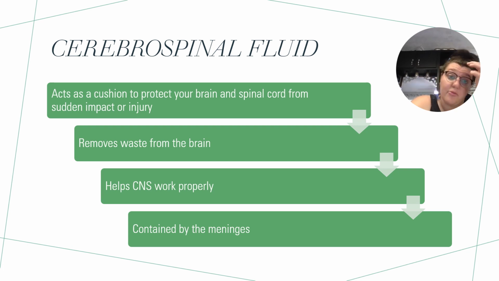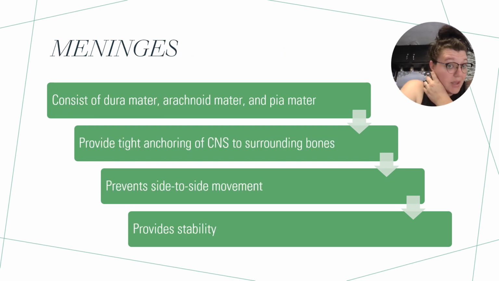That cerebrospinal fluid is there to protect your brain from beating off your skull. It also removes waste from your brain, and it helps that central nervous system work properly. And the cerebrospinal fluid is actually contained by the meninges, which we'll go into now.